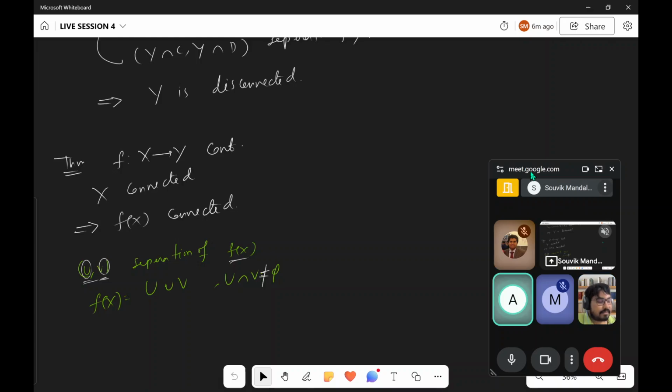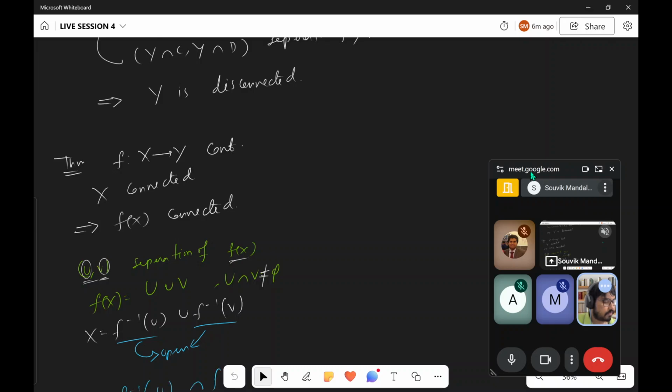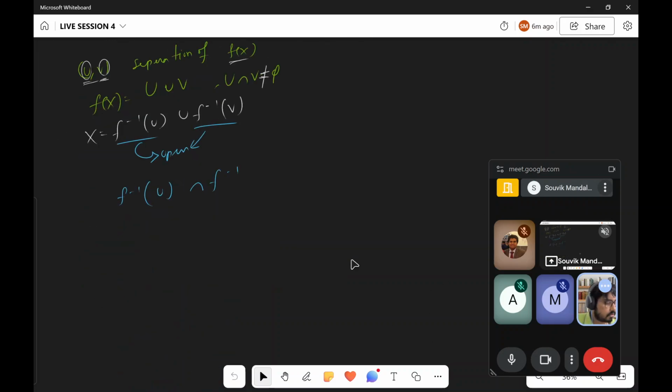F inverse of U and F inverse of V. And these are open as well, because f is continuous. And of course the intersection of F inverse of U and F inverse of V is not empty.